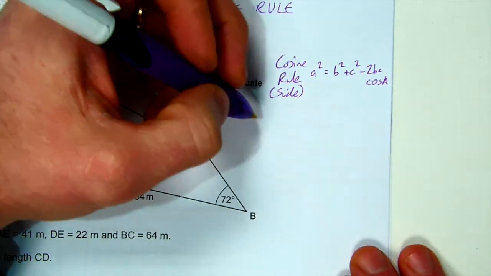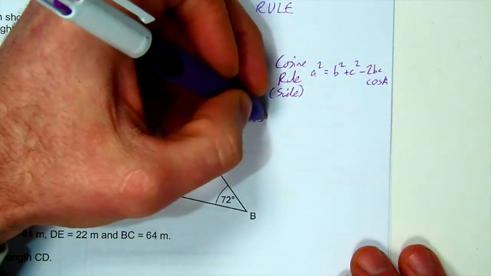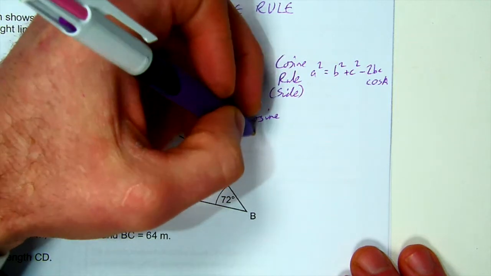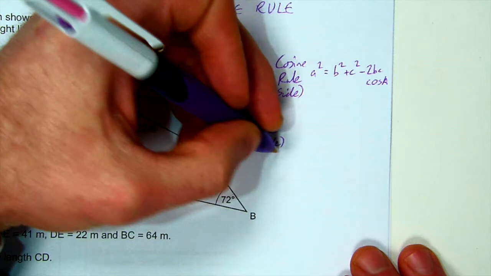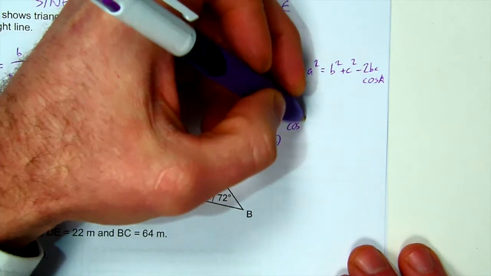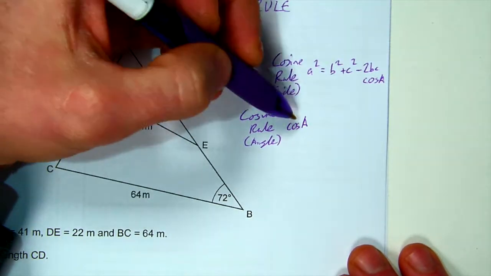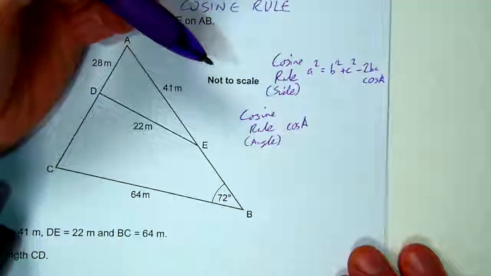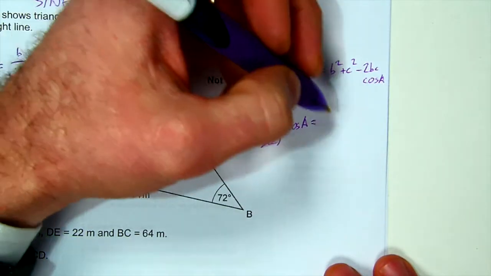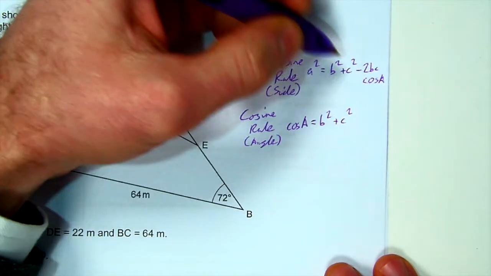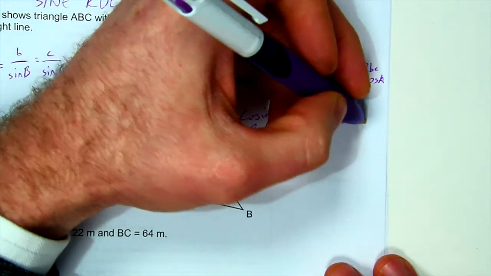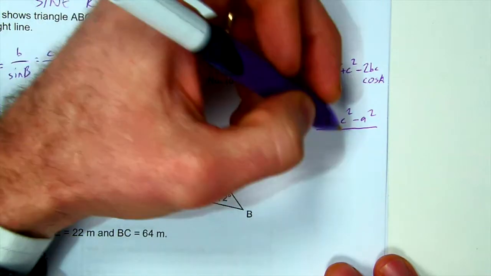So I'm going to write the cosine rule out again to find an angle. And it's a simple case of rearranging this to find cos A. So cos A is going to be b squared plus c squared, this bit here, minus the a squared, all divided by 2bc.